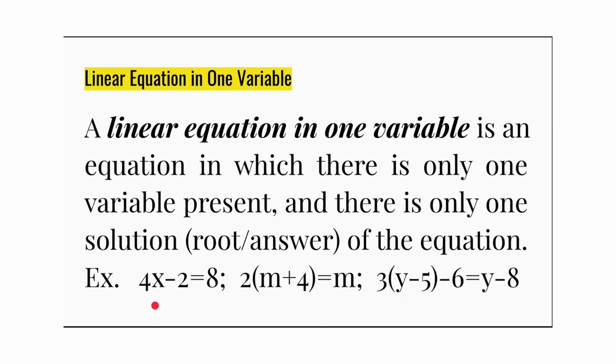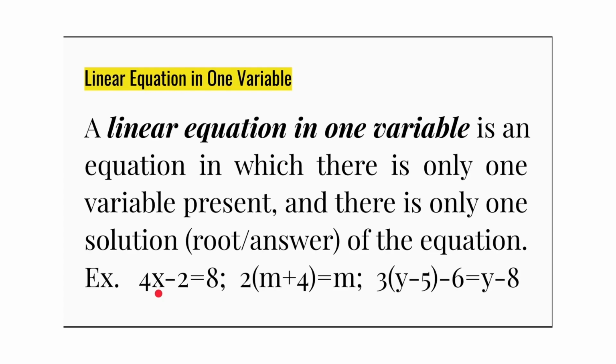Let's say I have 4x minus 2 equals 8. It's a linear equation in one variable because, first, there's only one variable that we can see, and that is x. And the exponent is 1, which makes it a linear equation.